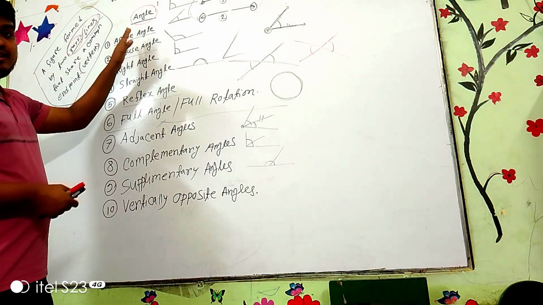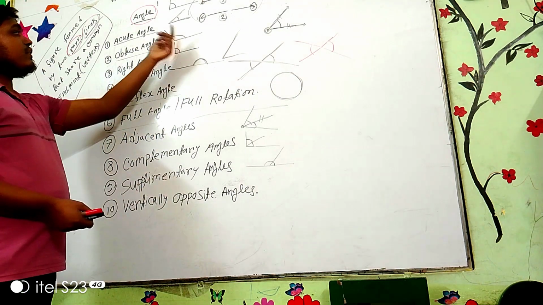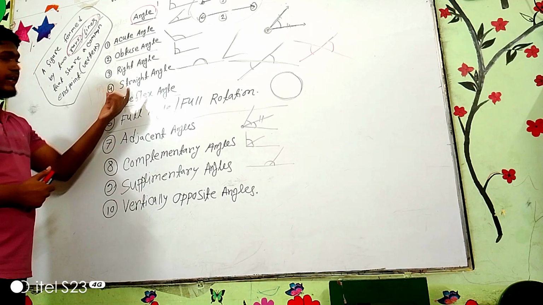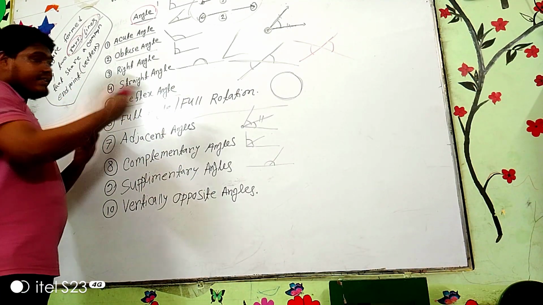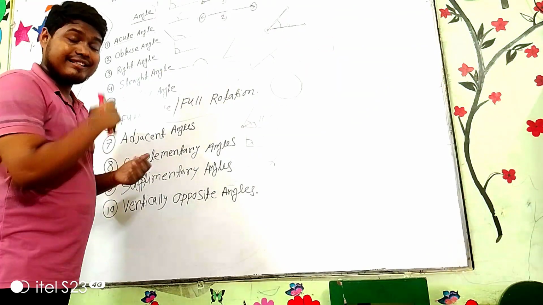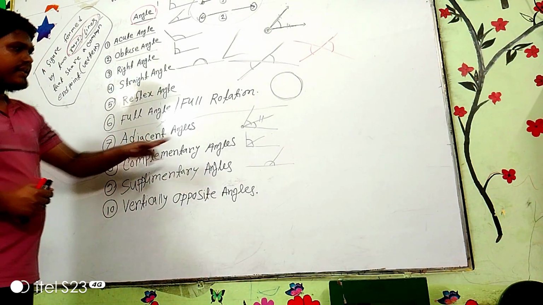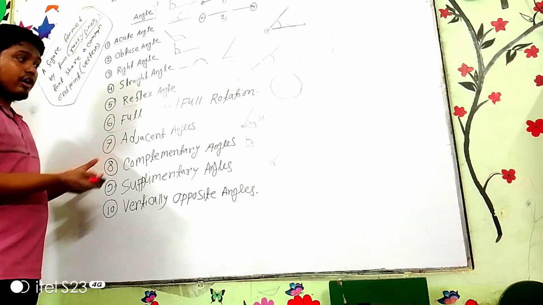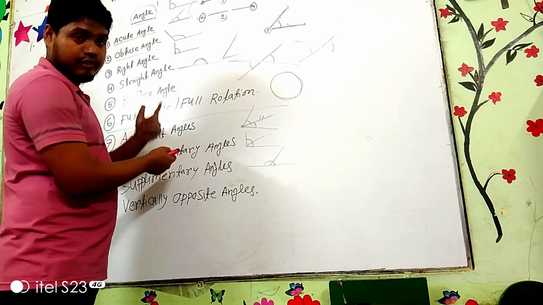Acute angle is less than 90 degree, obtuse angle is greater than 90 degree, right angle exactly 90 degree, straight angle exactly 180 degree, reflex angle greater than 180 degree, full angle exactly 360 degree. Adjacent angles have a common vertex and common side, and don't overlap.